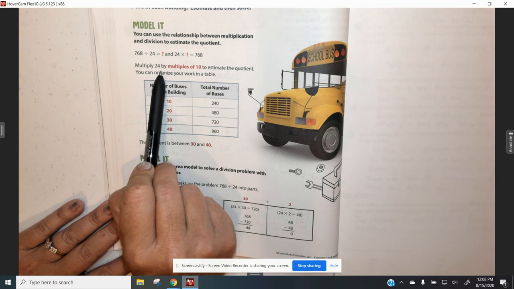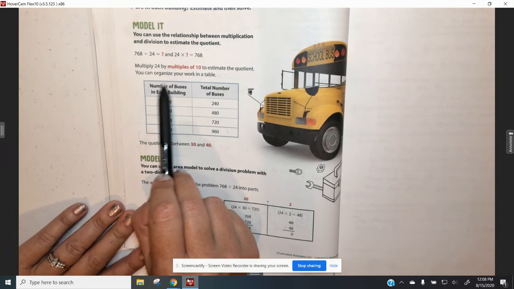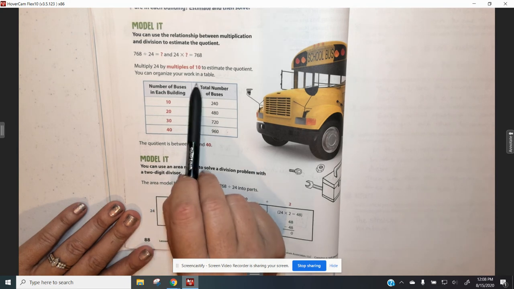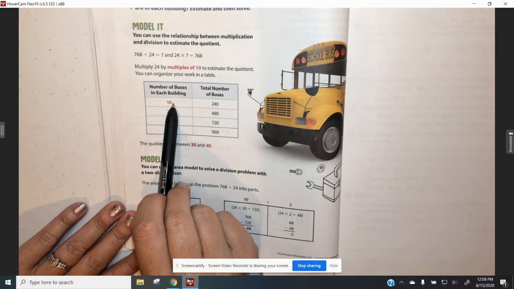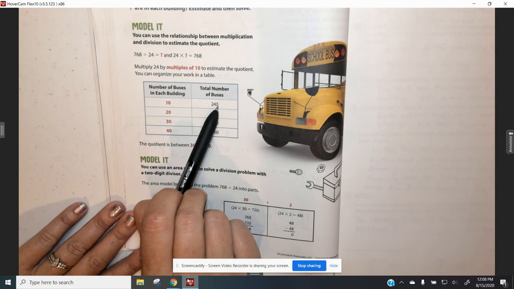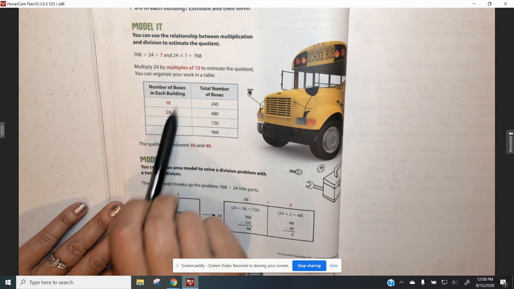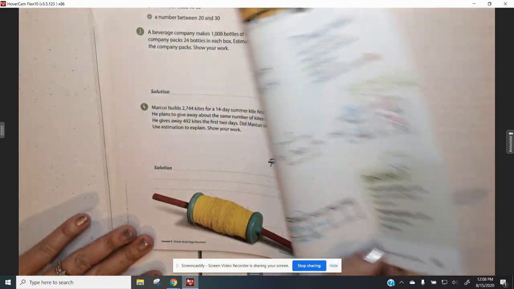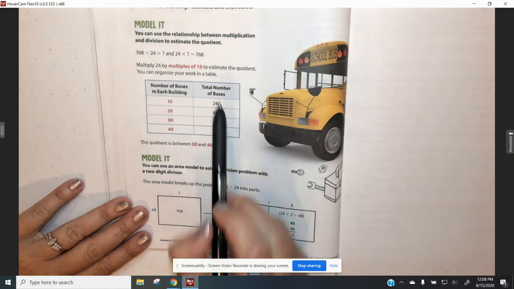So you can multiply 24 by multiples of 10 to estimate the quotient you get. Then you can organize your work in a table. So we recognize that 24 times 10 is 240. 24 times 20 is 480. This is the same as the multiples of 10 chart that we made at the bottom of the left page.